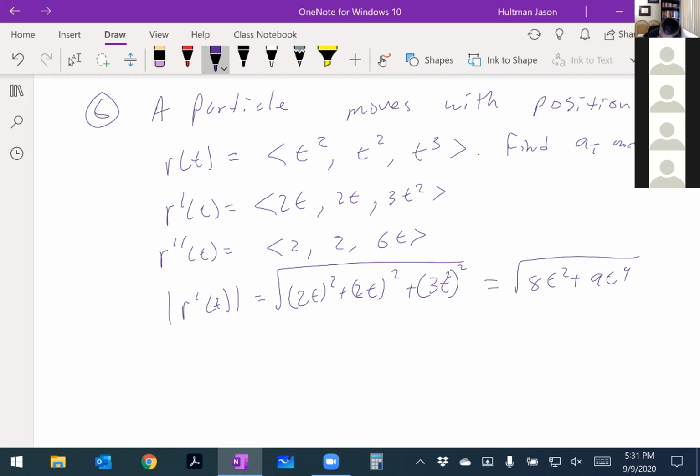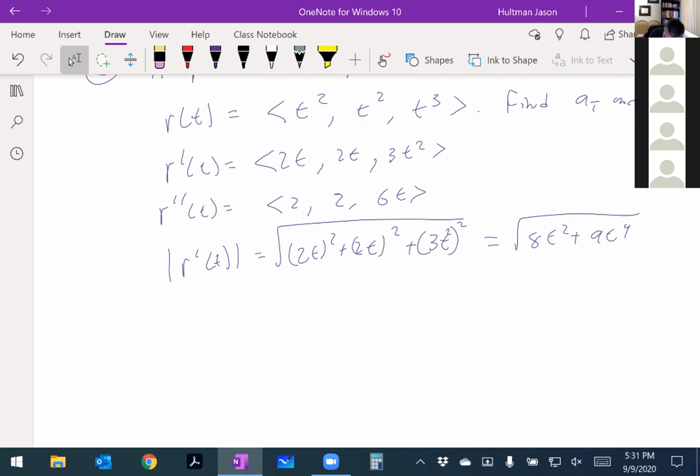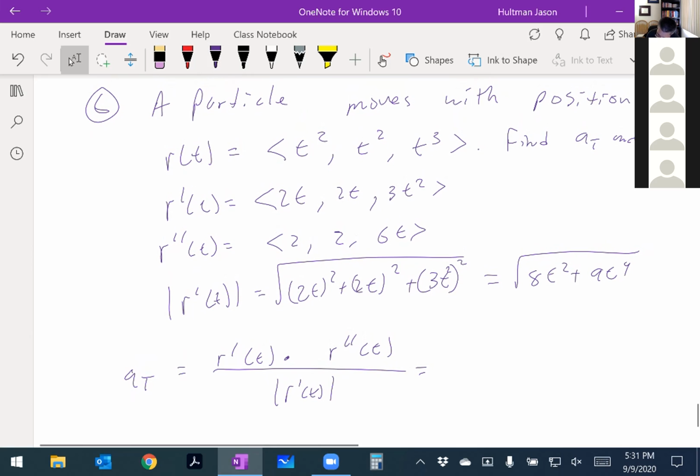Okay, so what's the tangential part of this? Well, that's a sub T equal to r prime of t dotted with r double prime of t, all over the magnitude of r prime of t. Okay, so let's dot this r prime with r double prime. Let's do the dot product real quick.